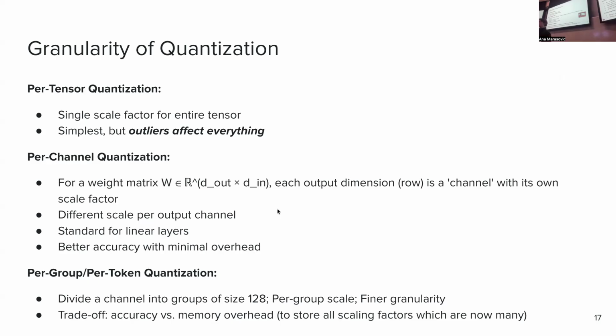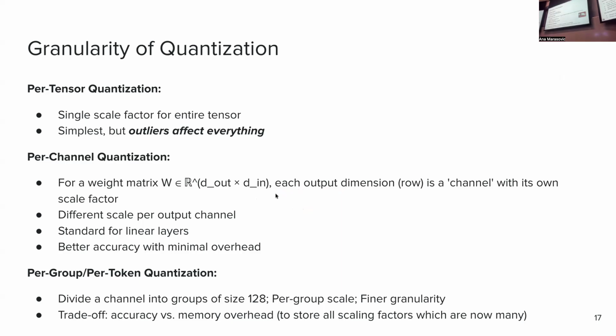Now, channel is just a technical term to refer to the output dimension of our weight matrix. So since we are using PyTorch, now you have nn.Linear in this course, you know that typically we put output dimension, then input dimension. So the number of rows is going to be the channel here.